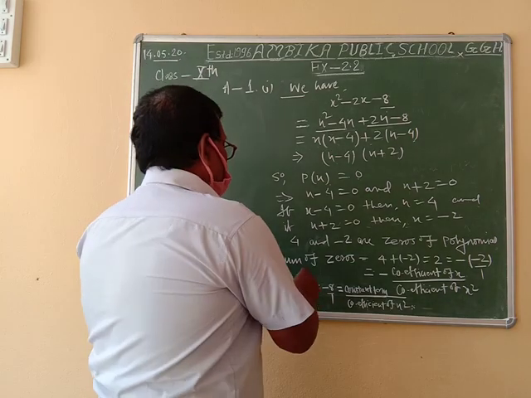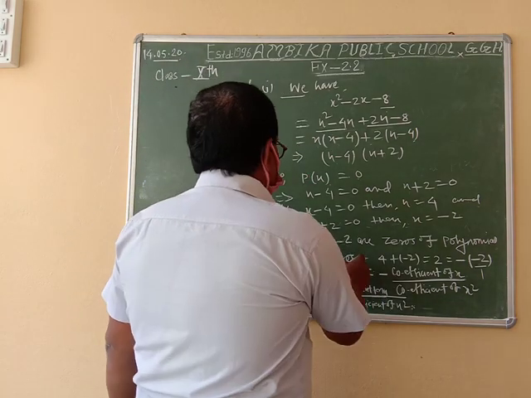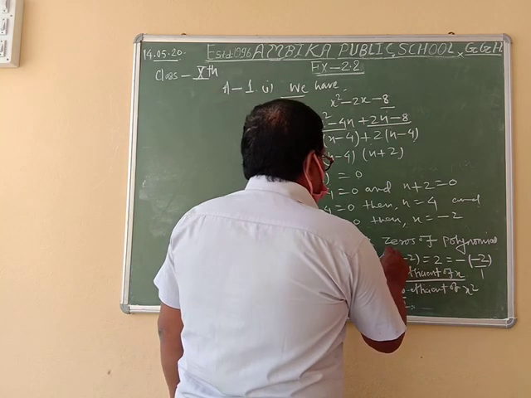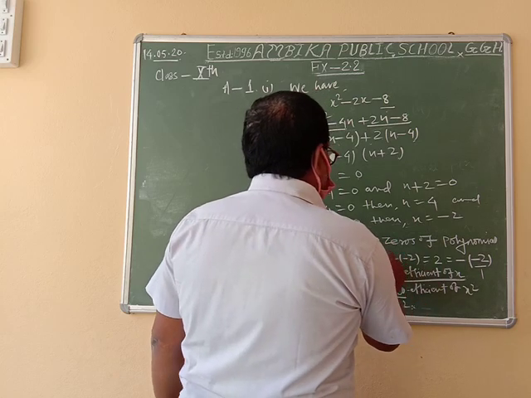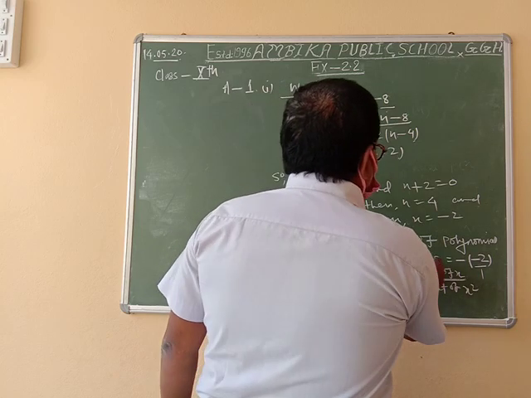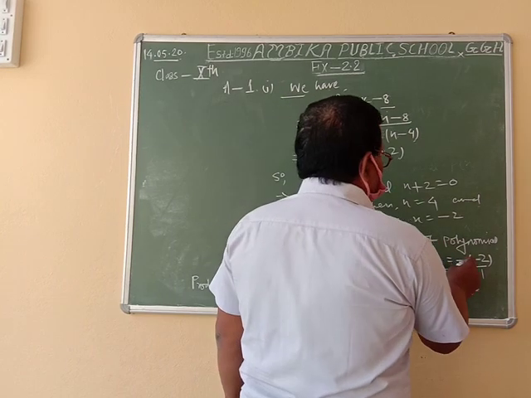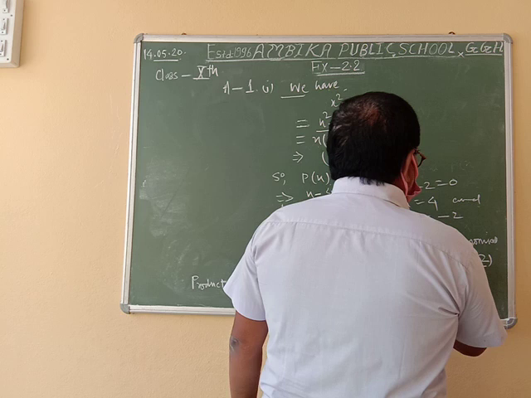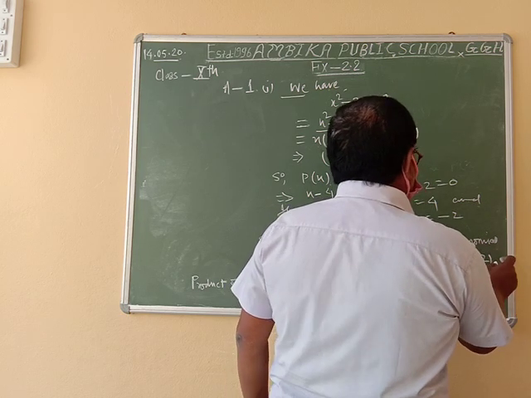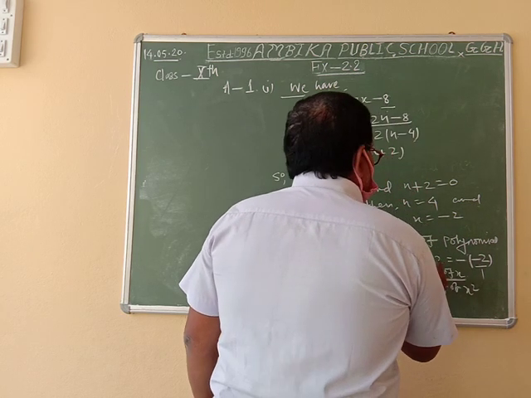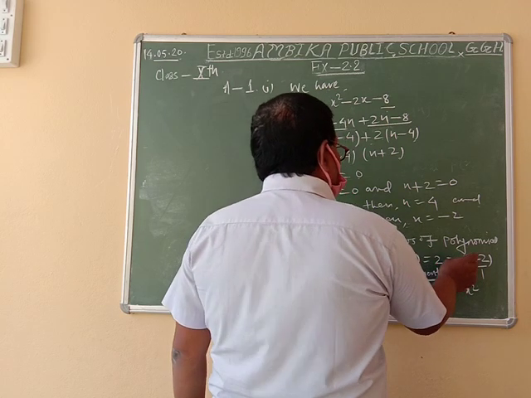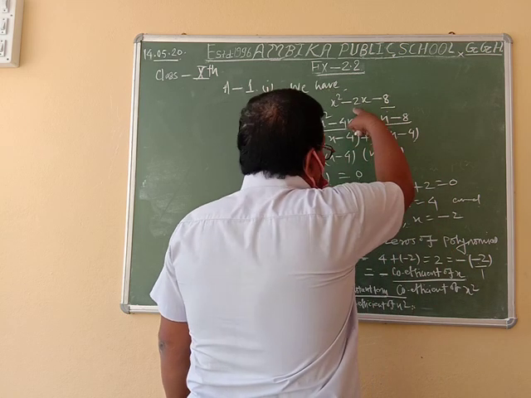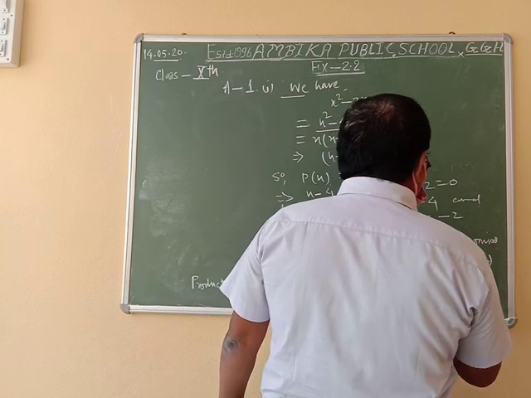So sum of zeros is 4 plus minus 2, which is equal to 2. We can write this as minus into minus 2, because minus into minus equals plus. So for 2 we can write minus into minus 2 by 1. Here minus 2 is the coefficient of x, and 1 is the coefficient of x square.